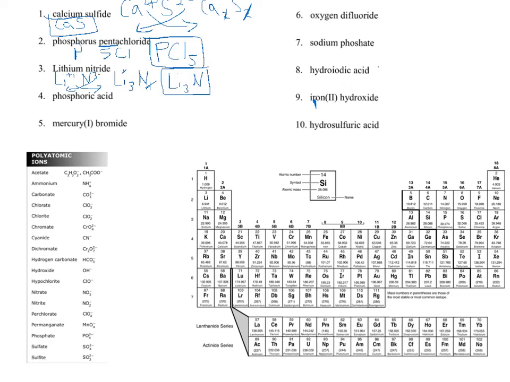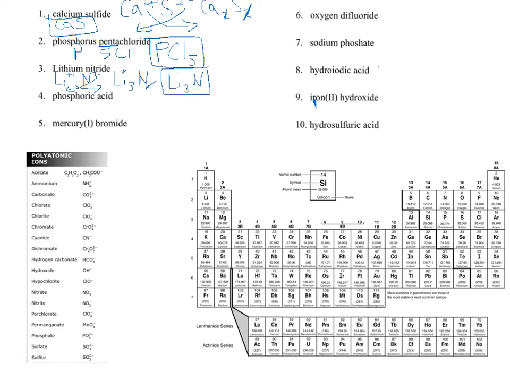Okay, phosphoric acid. Anytime you see acid in a name, that tells you it's starting with hydrogen. And since the name of our acid doesn't begin with hydro, this tells us that phosphoric is a polyatomic.